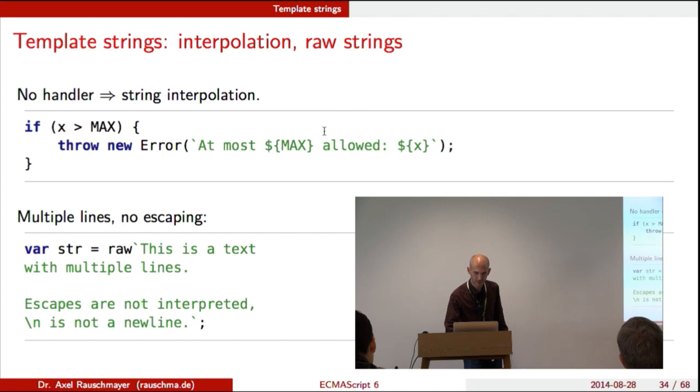So max is put in there, the variable max, and the value that causes problems. Additionally, you get via raw, which is part of String.raw, which is part of the standard library for ECMAScript 6, multiple lines in a string, and you get raw strings.